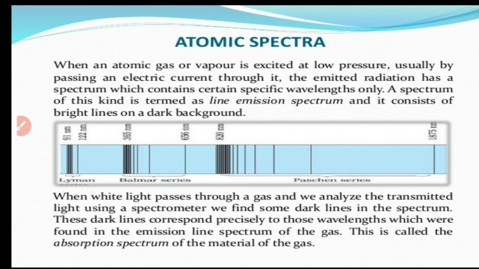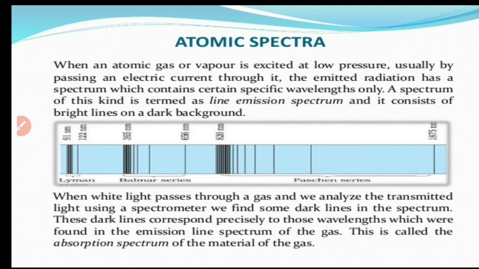And it is observed that these particular dark lines have the same wavelength as shown by the emission line spectrum of that particular system. So whatever emission line spectrum we have for a particular element, the same lines will be seen as dark lines in the absorption spectrum.